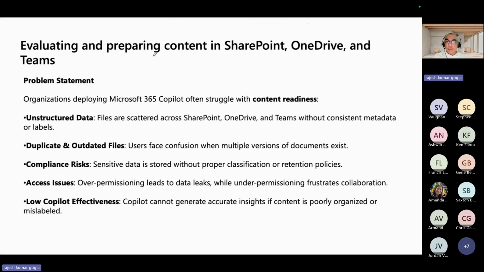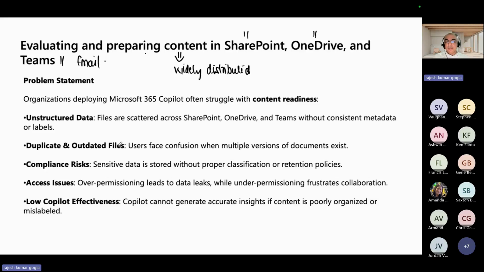And when it comes to evaluating and preparing the content, why? Because, as I mentioned earlier, the content is going to be widely stored or distributed. Maybe the data is in SharePoint, in OneDrive, in Teams, or in your emails.